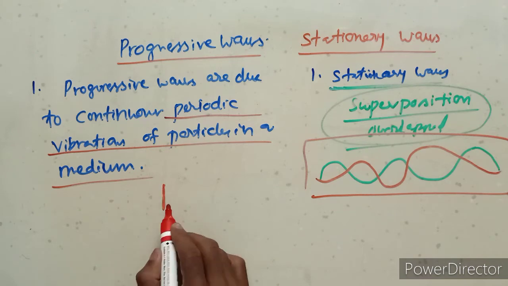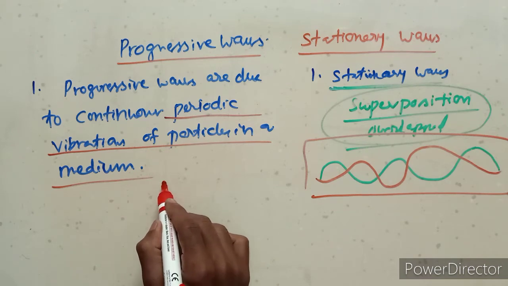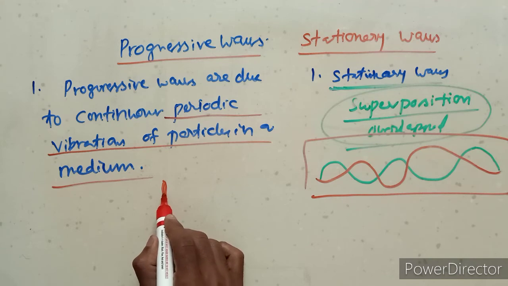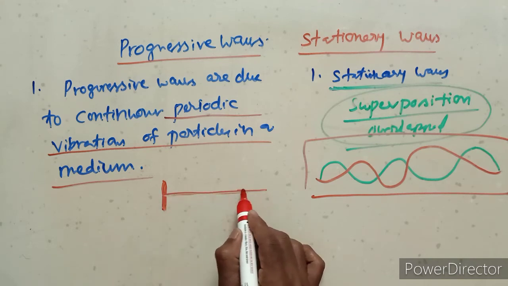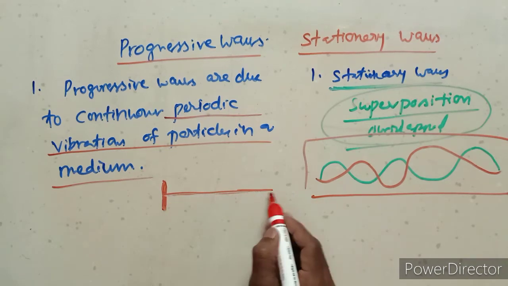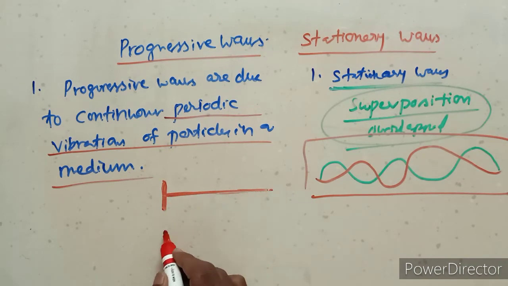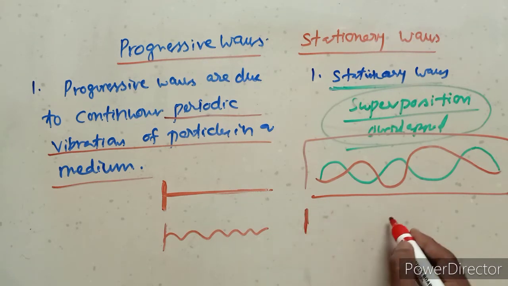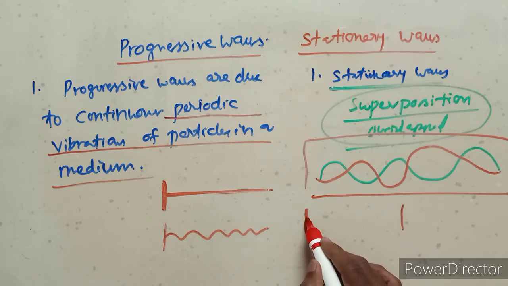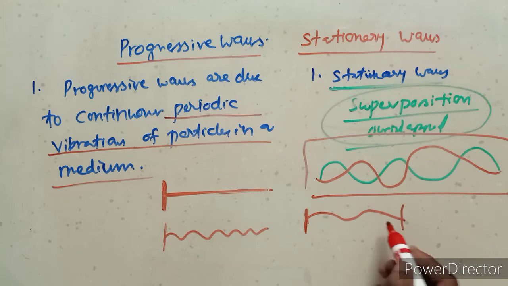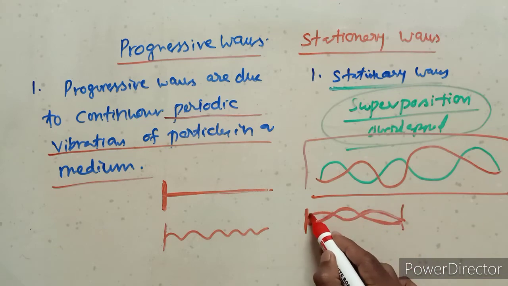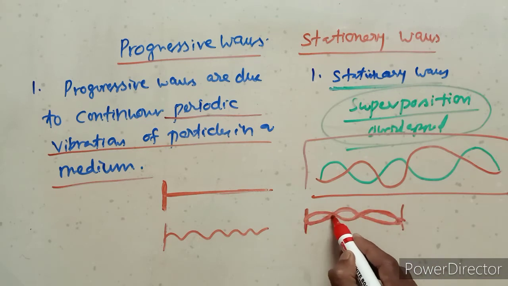For example, a string with both ends fixed vibrates in this way. So these are all stationary waves.